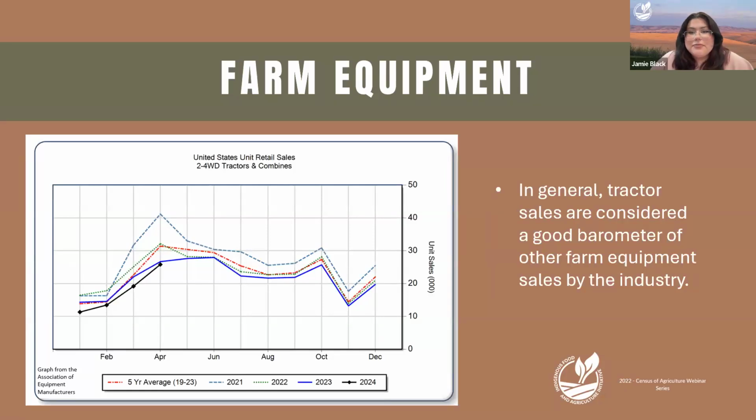Something that is just a general thing is that tractor sales are a really good barometer of other farm equipment sales by the industry. So if you were curious as to why we were using tractors for the comparisons. And from this figure on the screen as well, since 2021, sales actually haven't been as high, even though we're seeing that there has been an increase in farm net income.